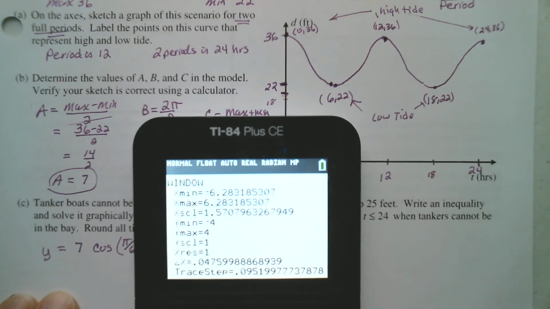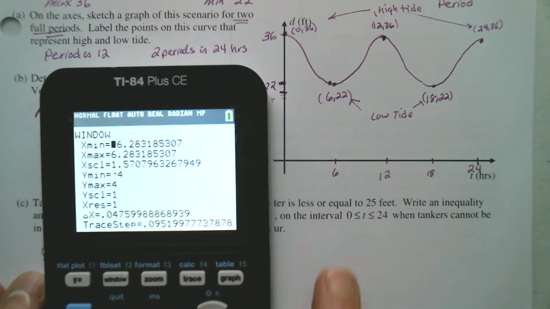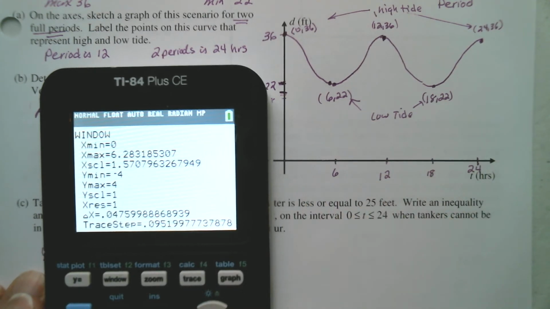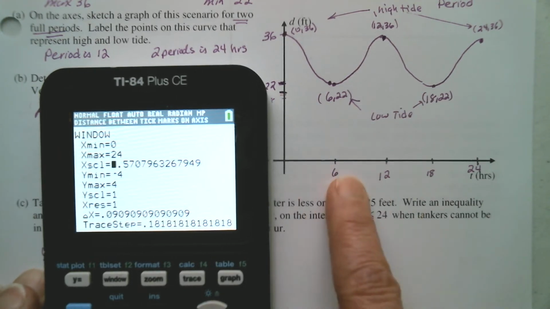Go to the window, and we want to go our x's from 0 to 24. Our x scale, I'm going to go by 6.